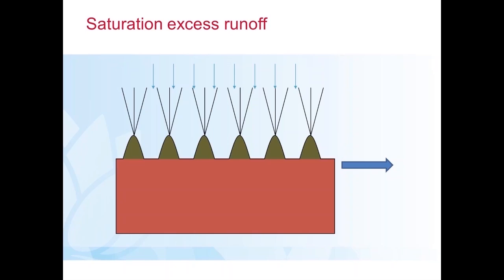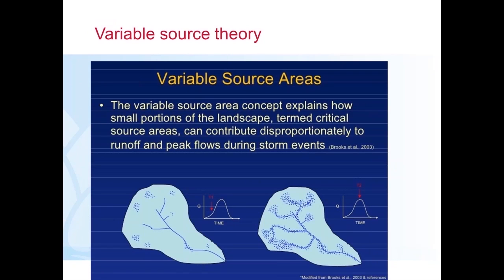Now, where runoff occurs in the landscape depends on lots of different things, from soil texture, soil structure, topography, slope, aspect, and also antecedent soil moisture. Areas that may be wetter than others tend to run water more than other areas.